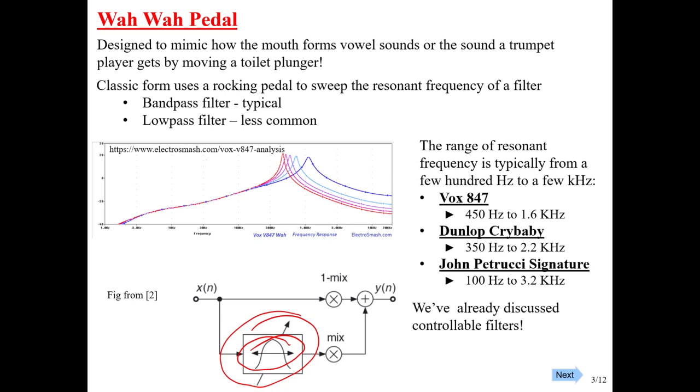So there could be a Q control on the wah-wah pedal. I don't think either of those do. The Petrucci might have a Q control. I've seen some of the more signature wah-wah pedals have a Q control on there, but that's the idea.